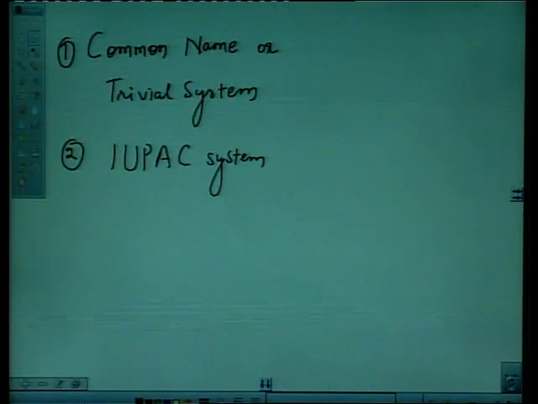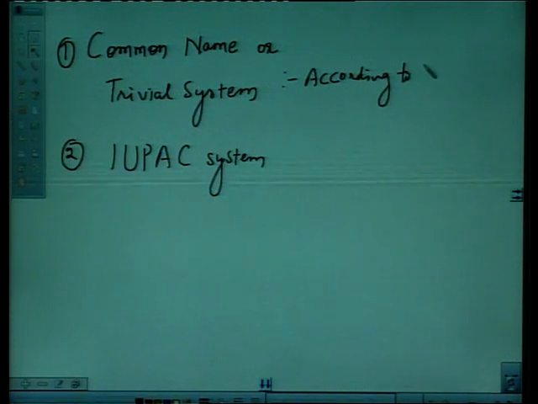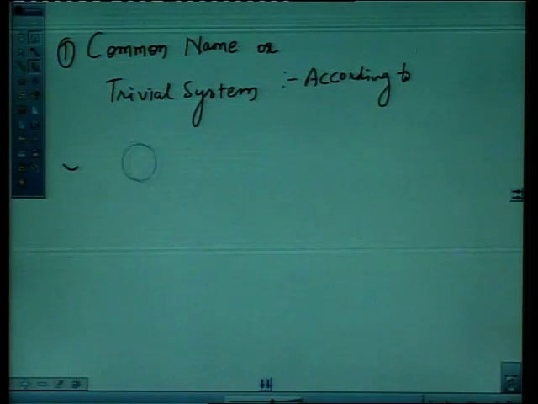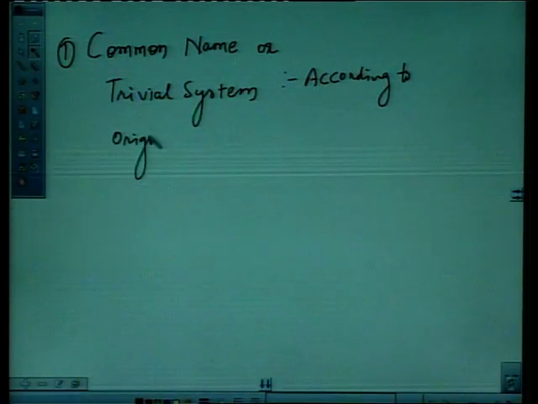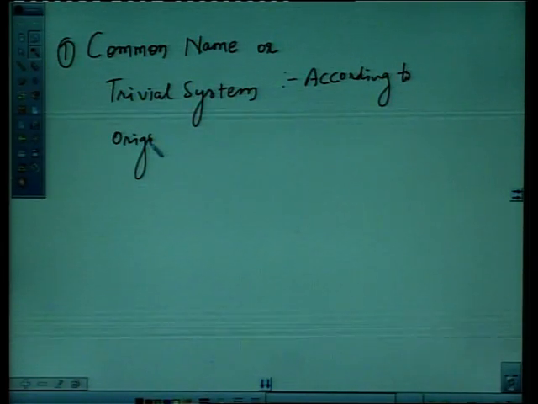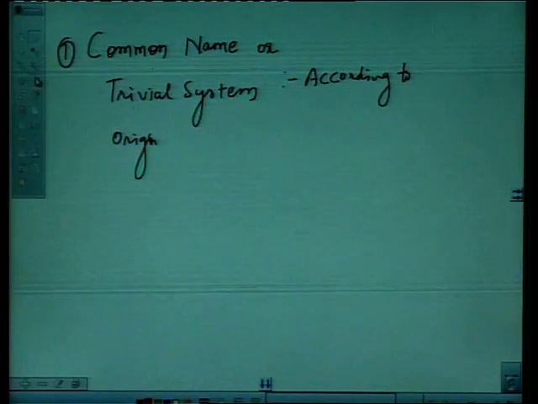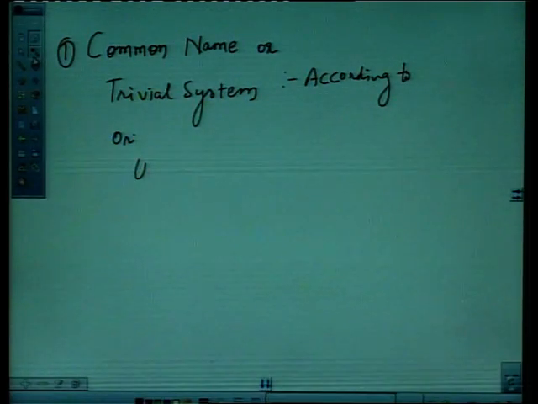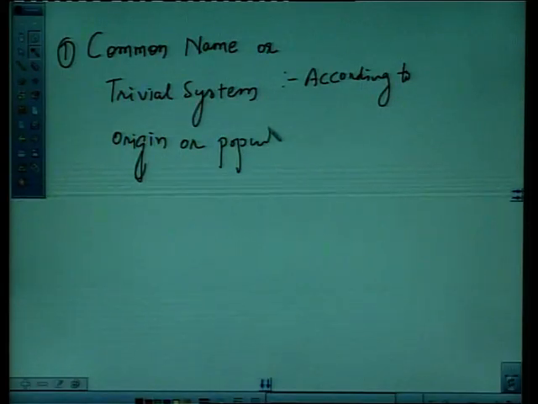In the common name system, the name is given according to origin, or it can be a popular name.